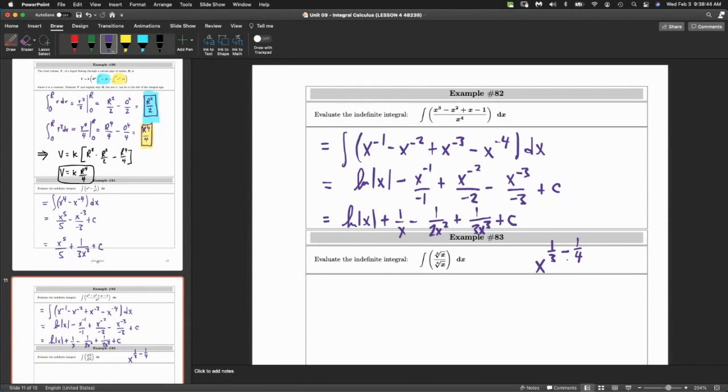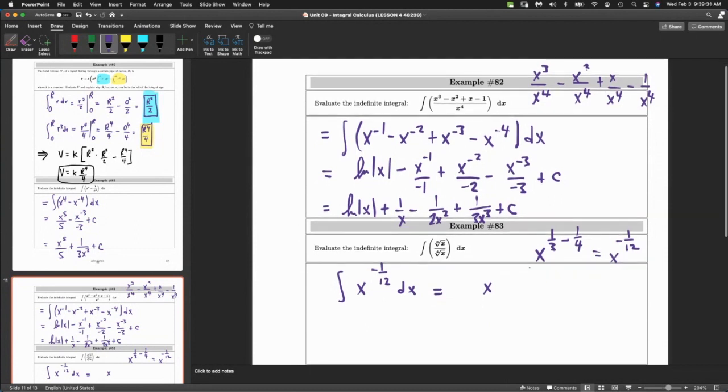Where does the x to the 4 go in 82? What happens, Asim, is I'm writing them all over x to the 4. So this is x to the negative 1/12. So this is the integral of x to the negative 1 over 12, which is going to become x to the, if you take negative 1/12 and you add 1, that's 1/12.